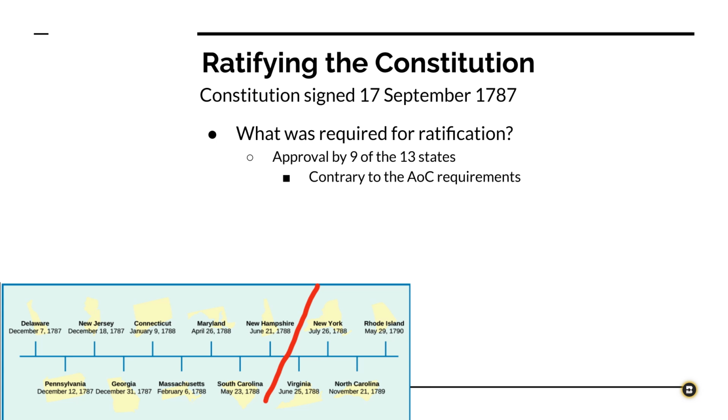One of the things we should understand about this is that the requirements for ratification were themselves unconstitutional, because they went against the Articles requirement that amending the Articles, much less just replacing them, required unanimity of all 13 states.